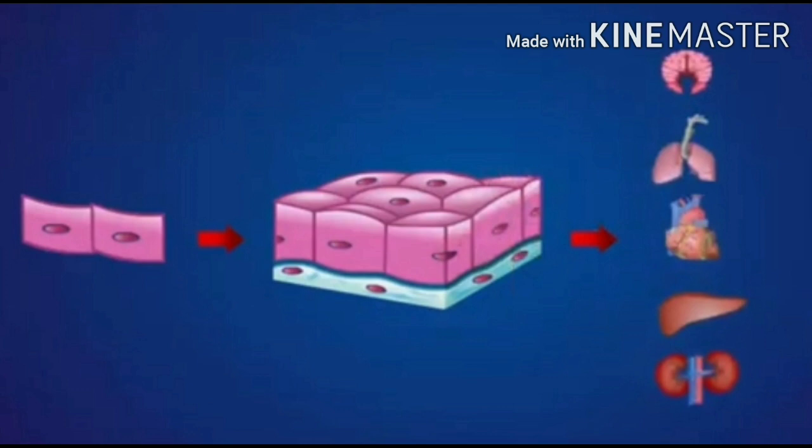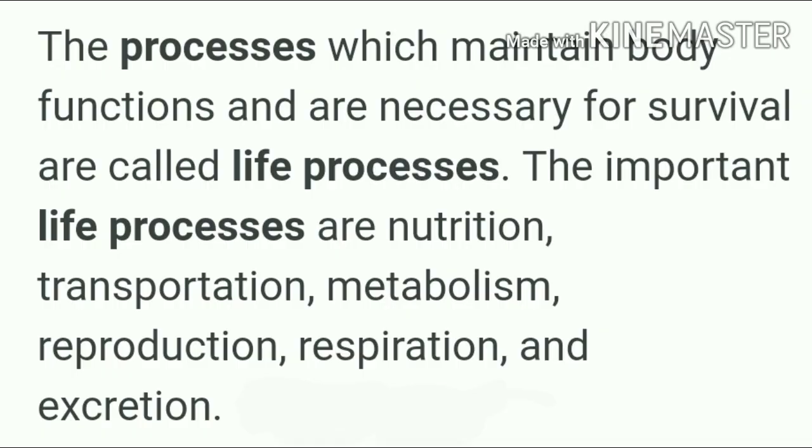The daughter cells divide and redivide to give rise to tissues and organs. Different life processes of an organism, like growth and maintenance, require energy which is obtained from food by a process called nutrition.